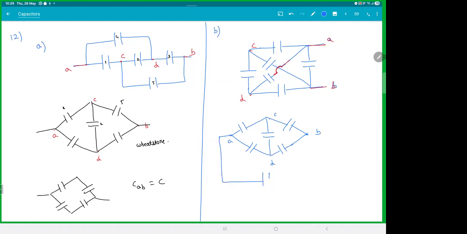You will see one more capacitor parallel to the Wheatstone bridge. So this is a Wheatstone bridge with a capacitor in parallel. This is how the circuit looks.